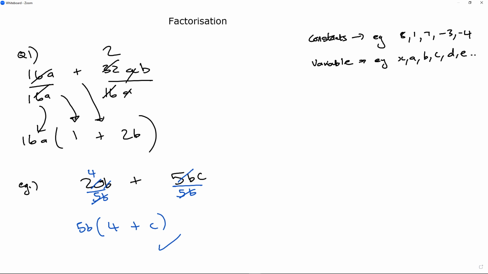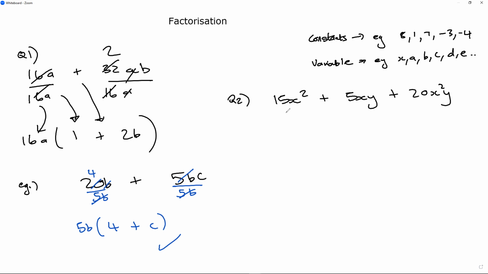Okay, so in the next example, question number 2, I've got 3 terms that I want to factorize. Suppose I've got 15x squared plus 5xy plus 20x squared y.